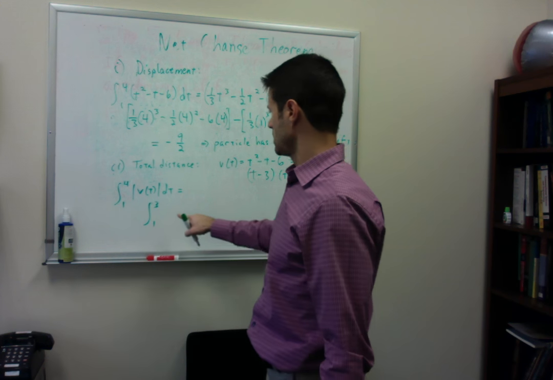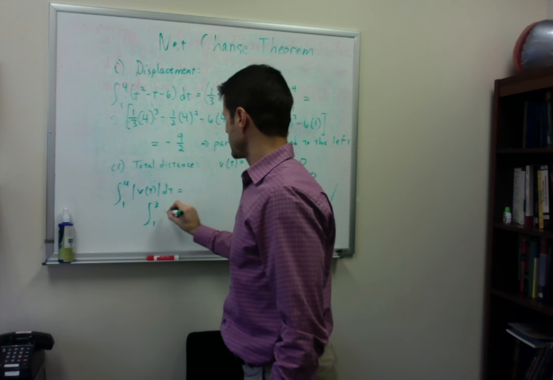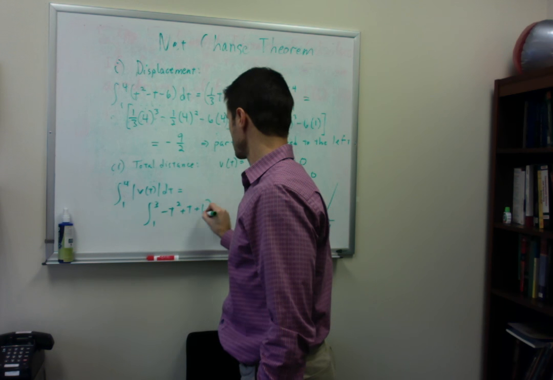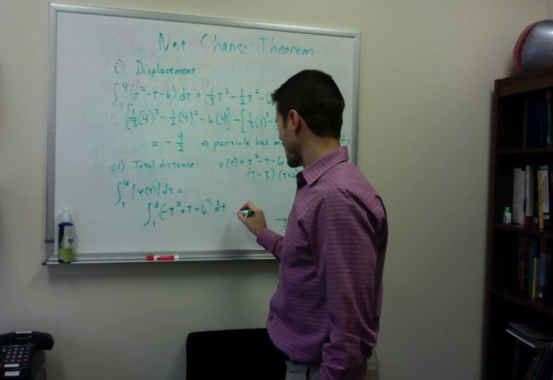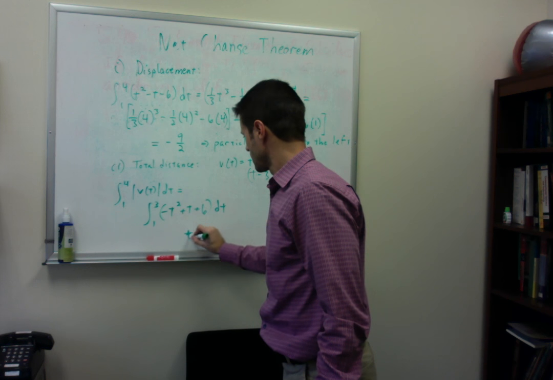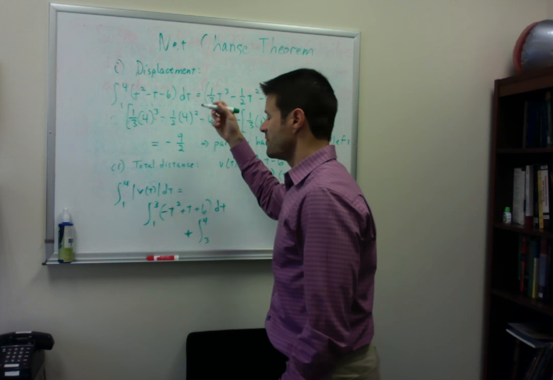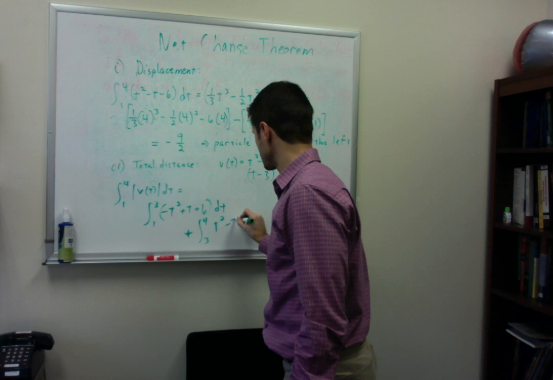If I negate this function, I get minus t squared plus t plus 6 dt. Then I add to that the integral from 3 to 4 of v of t just as it is, t squared minus t minus 6 dt.